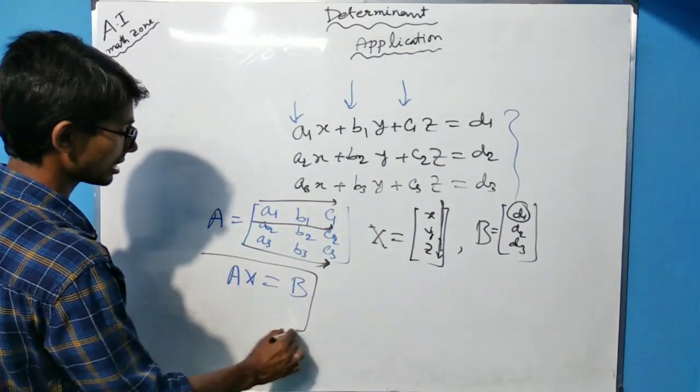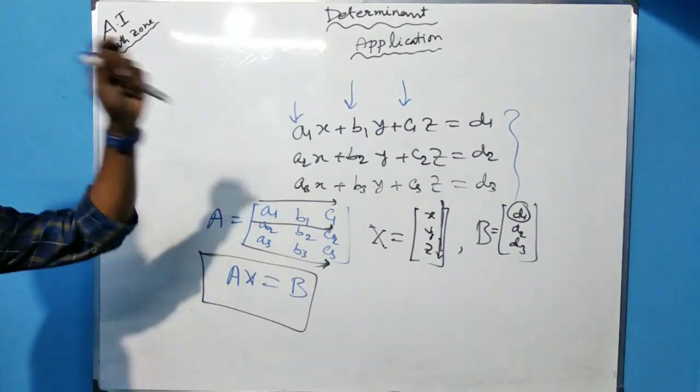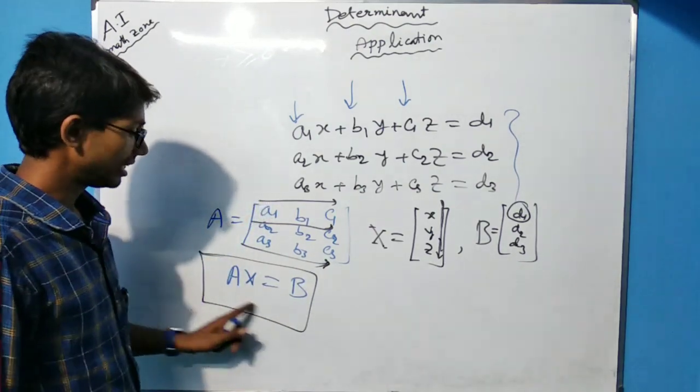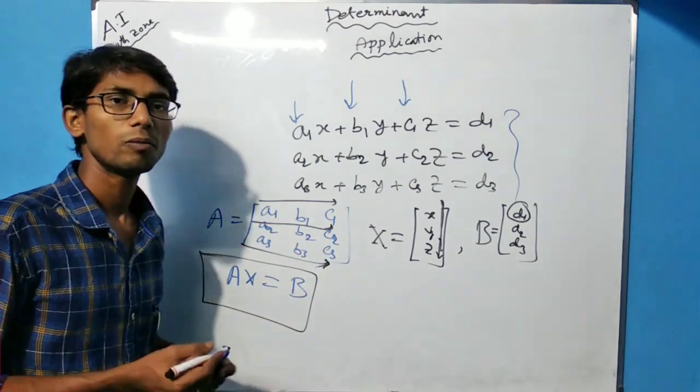For that reason, we can express the system of linear equations in this form: AX = B.